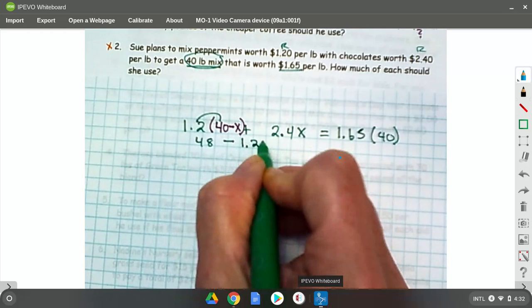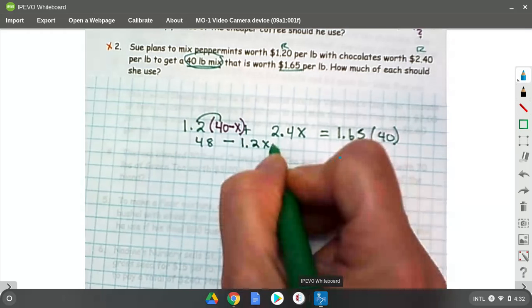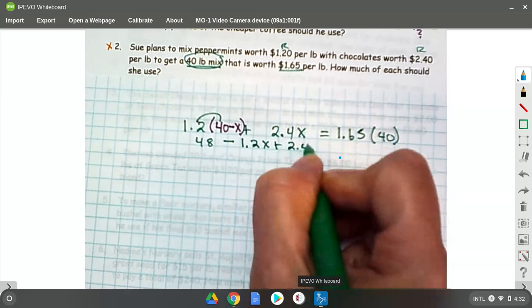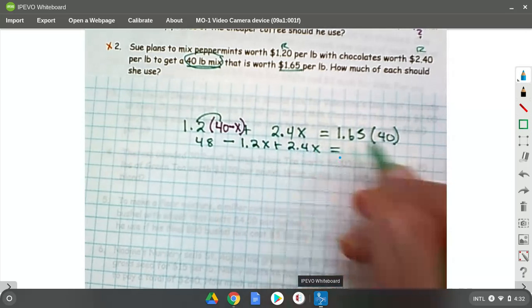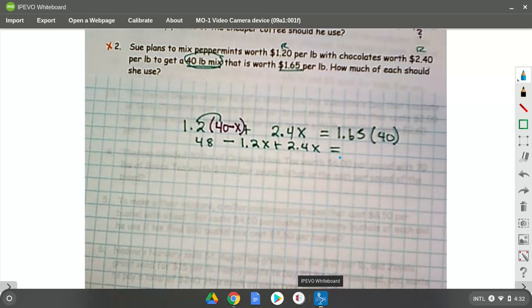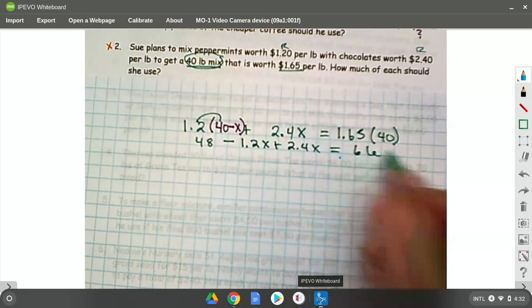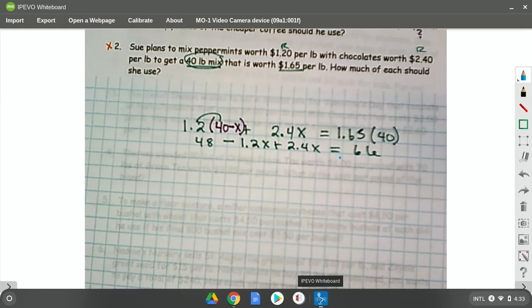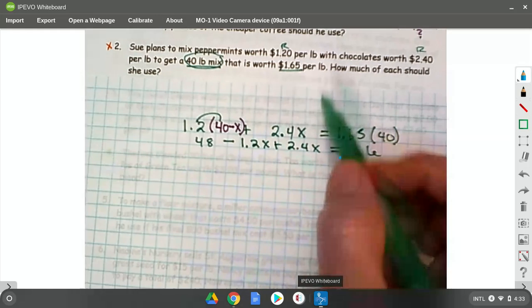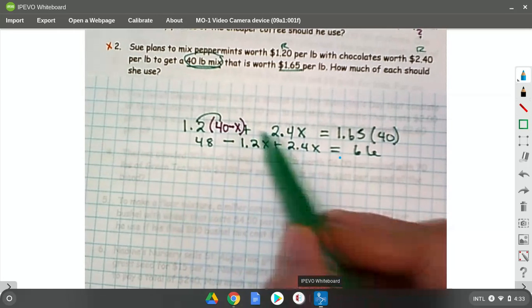Minus 1.20x plus 2.40x equals, and I need 1.65 times 40, 66. And all I did was just multiply out what numbers I did have.